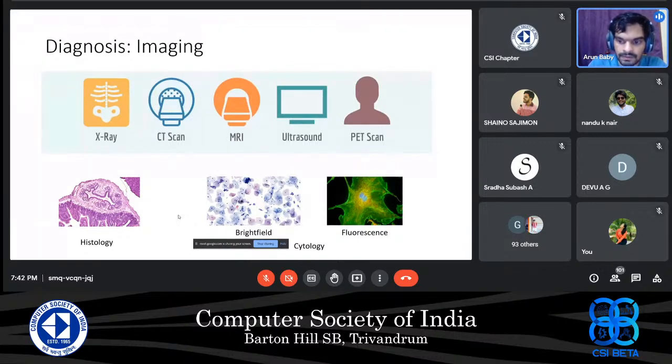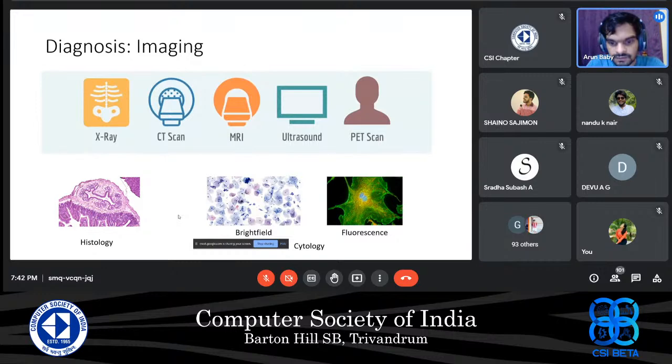The compounds injected into the cell will bind to certain compounds in our cell, and based on the characteristics, it will emit light when the transmission light is switched off. So this can provide a lot of information regarding the integrity of a cell.